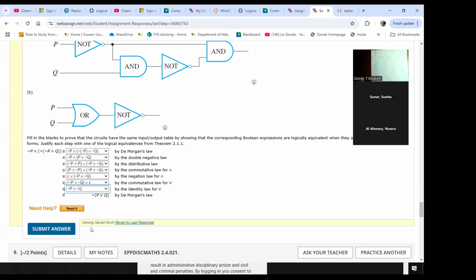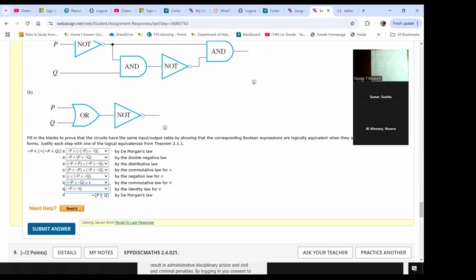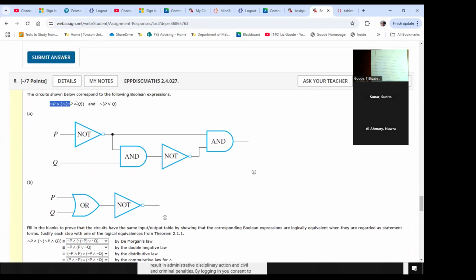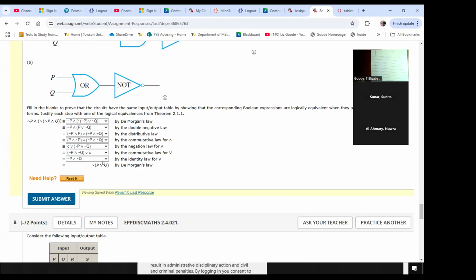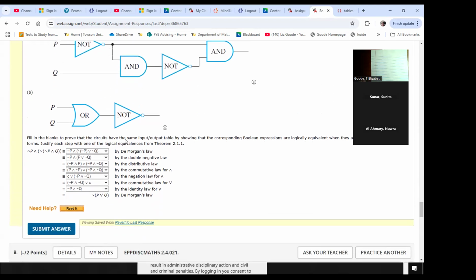And then finally, the last step is De Morgan's law, where we factor the negation out of the not P and the not Q, and the and flips back to an or. That's De Morgan's law right there. And so this shows us that these two expressions are logically equivalent, which means these two circuits have the same IO table.